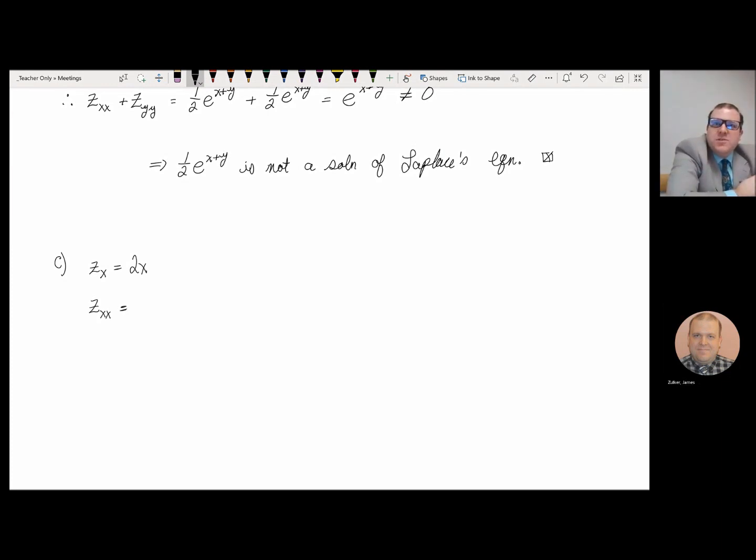What's the second partial with respect to x? Partial with respect to y, 2y.